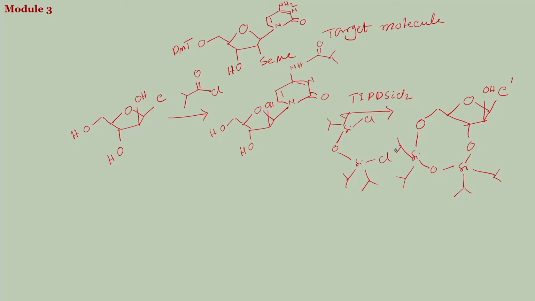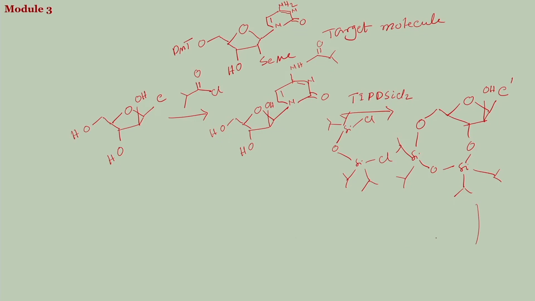This would be the protection group. Now, once you have protected the 1 and 3, now you can do reactions on this center. Any nucleophilic substitution you do will happen here, because the cytosine will not react, this is not going to react, only position left is the C2 prime.